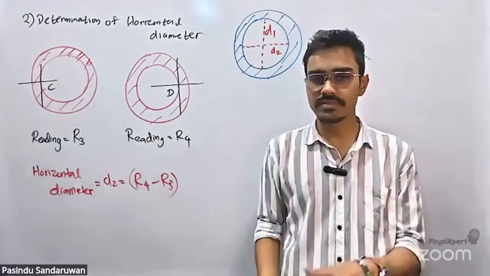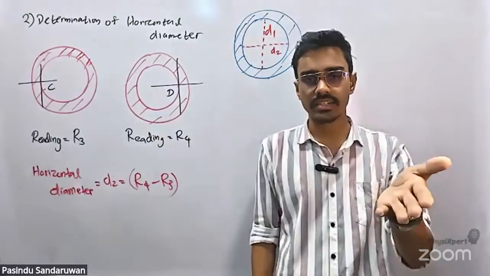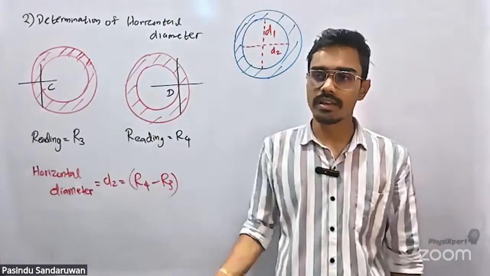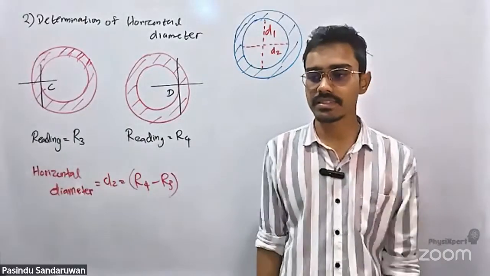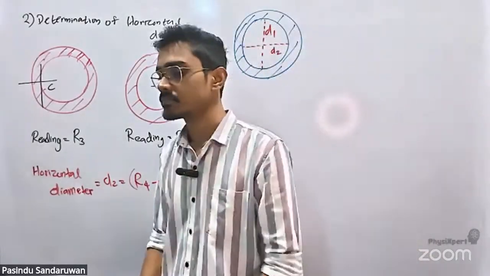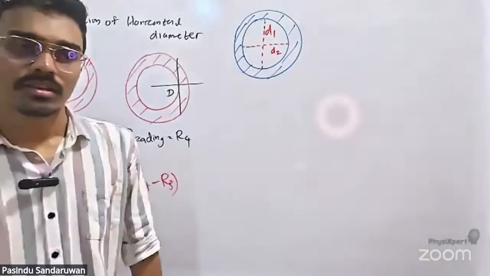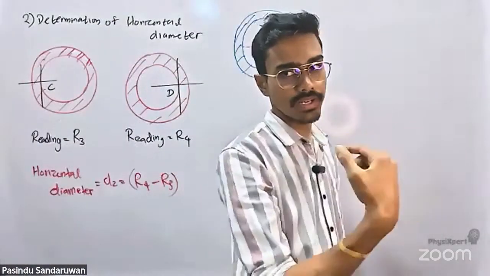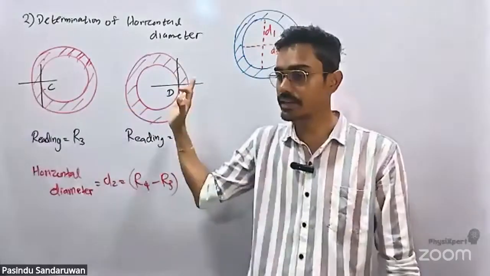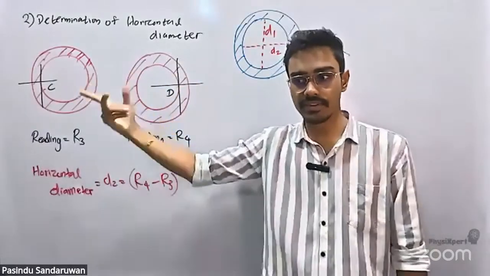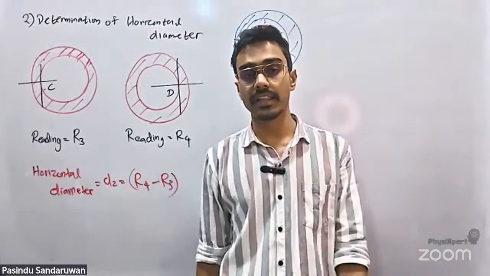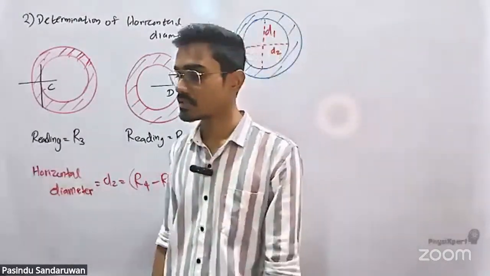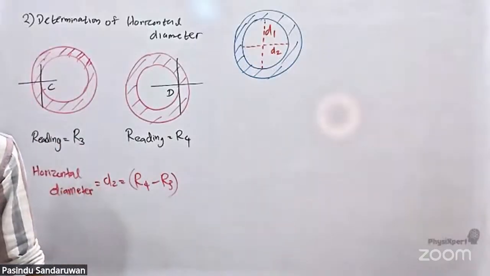You can see which value is higher and which is lesser. Always subtract the lesser value from the higher value. Simple as that, because it depends on the direction of movement. I moved from left to right; if you move from right to left, it will be different. Clear?